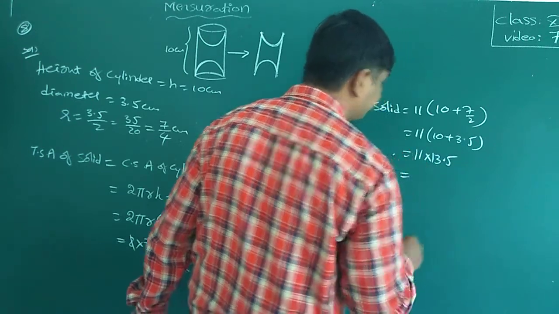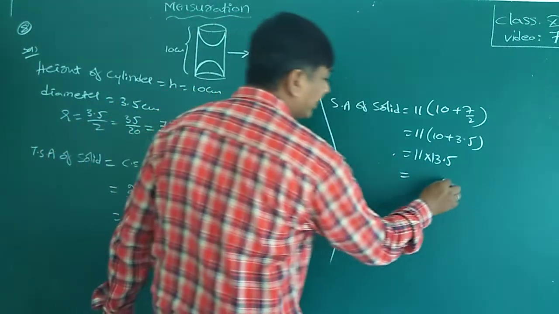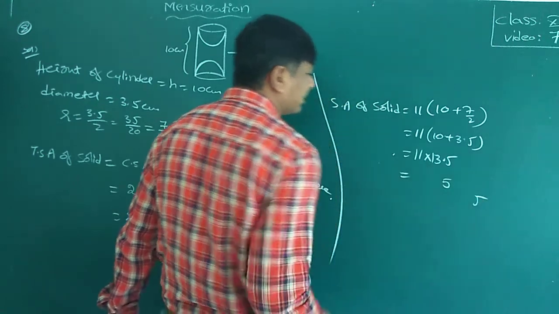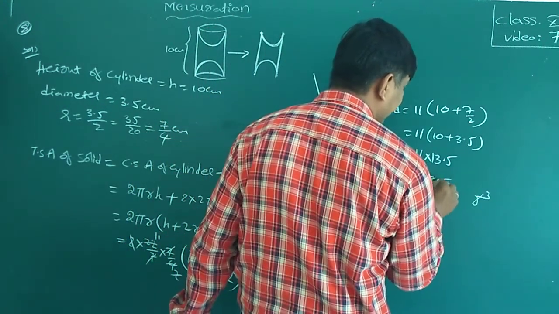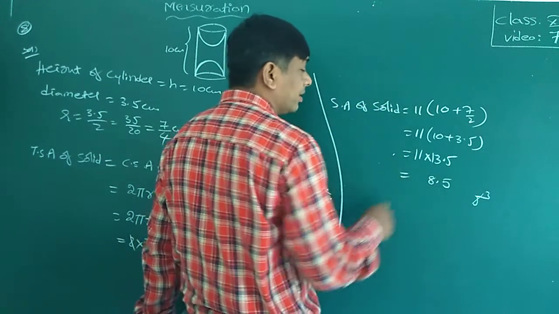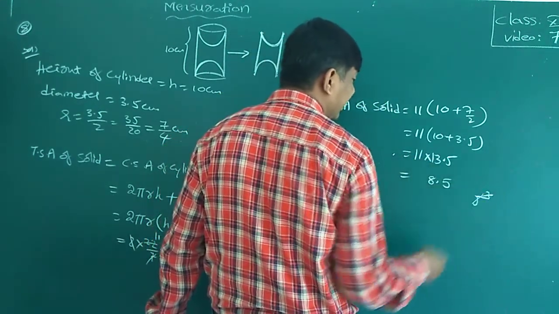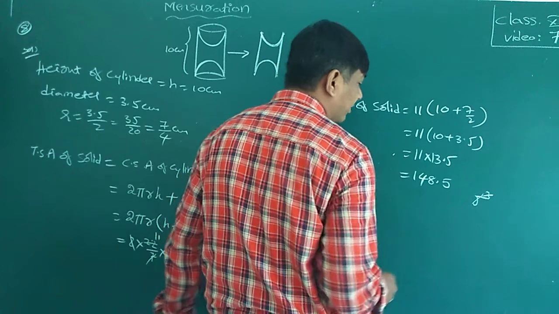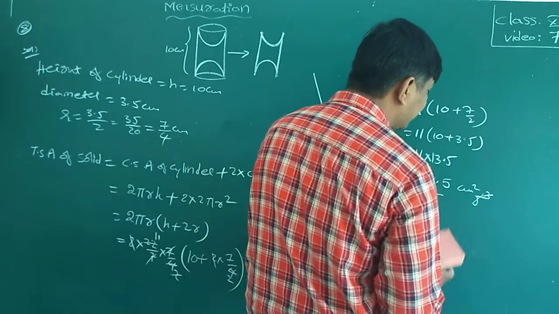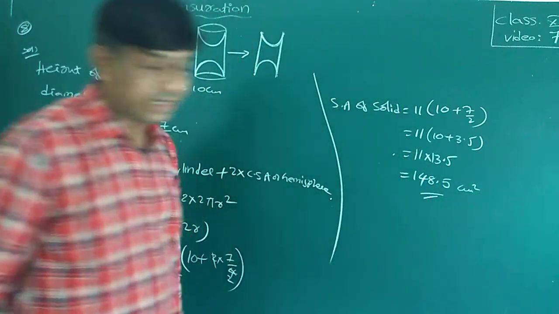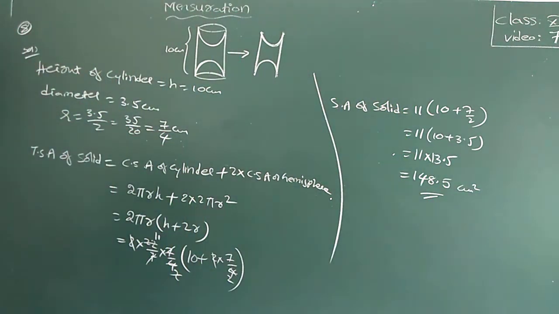Multiply this: 11 5s are 55, 11 3s are 33, 33 plus 5 is 38, 11 1s are 11, 11 plus 3 is 14, so 148.5 centimeter square. Once again check the calculation and check your answer, textbook answer also.